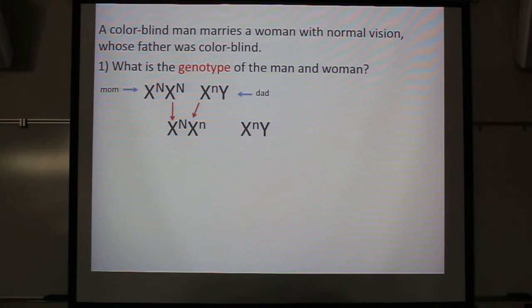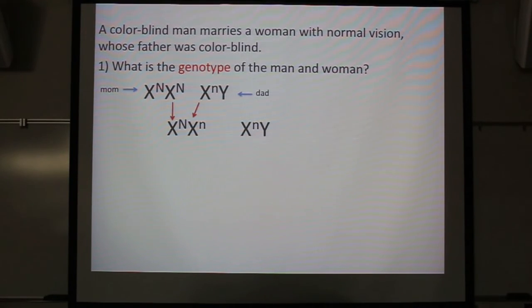Now the mom, you don't necessarily know about her mom, but since they don't tell you otherwise, they tell you that the woman in this case has normal vision, but her father was colorblind, so you know she has one copy there. But since she has normal vision, you assume she has a mom that has at least one dominant trait. But the mom could also be a carrier.